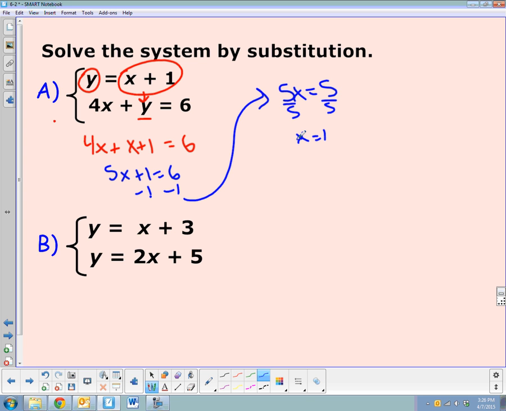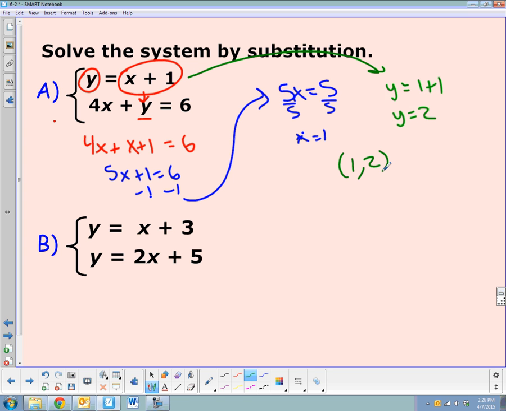So I'm halfway there. I know what x is. Now I've got this other equation. Really, I've got two equations that I could use, but the top one is the easiest. I know that y equals x plus 1. Well, I know what x is. X is 1. So that means that y equals 1 plus 1. Y equals 2. So the solution would be 1, 2.